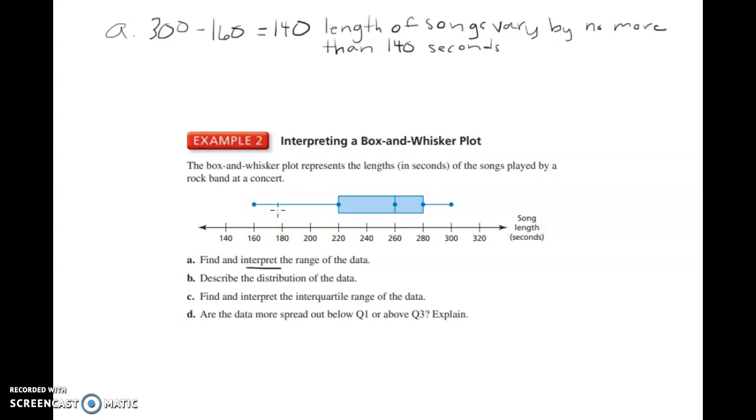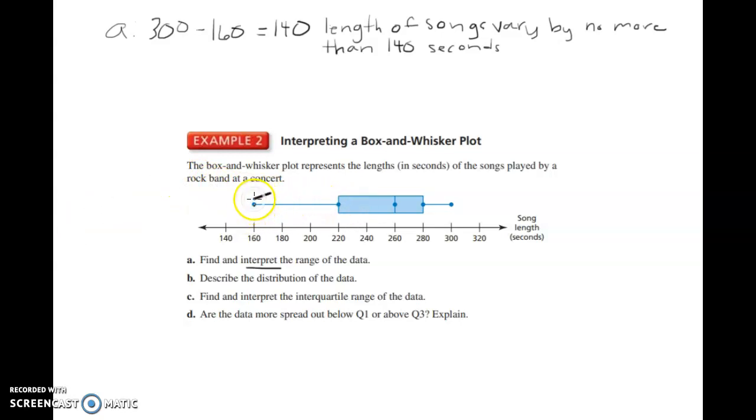Okay, so B is to describe the distribution of the data. So this question is just asking you, okay, when you're looking at this data, how can we interpret it? And you're going to interpret it using kind of the whiskers here and the information that these are quartiles.